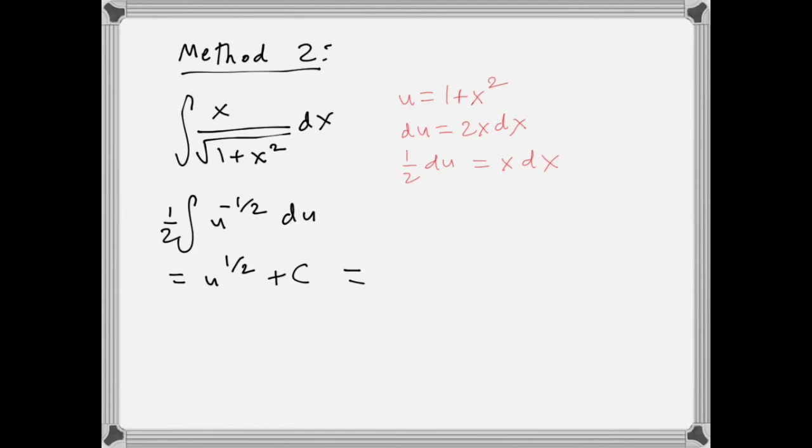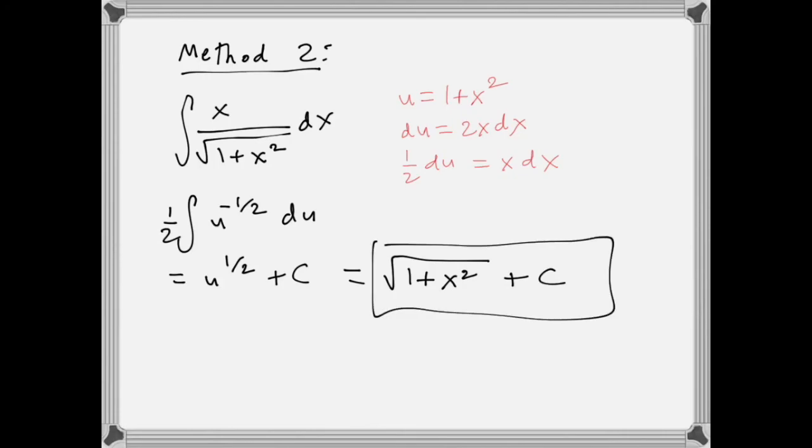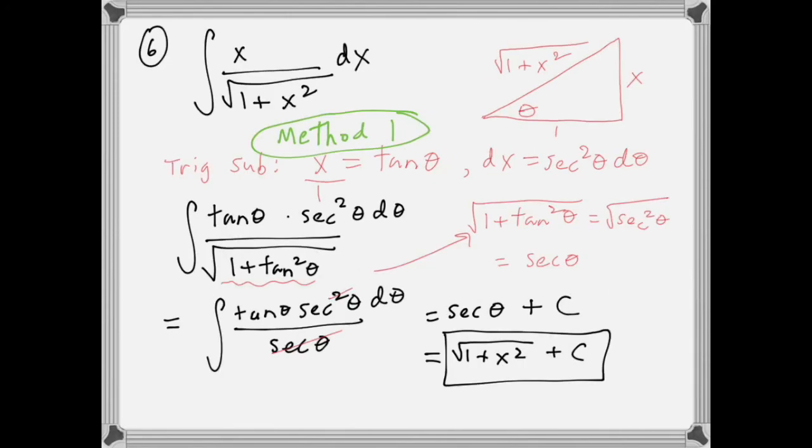Or if you replace u back, you get square root of 1 plus x squared plus c. This is definitely easier, right? This is much easier than having to do the whole trig sub and do the triangle and everything, okay?